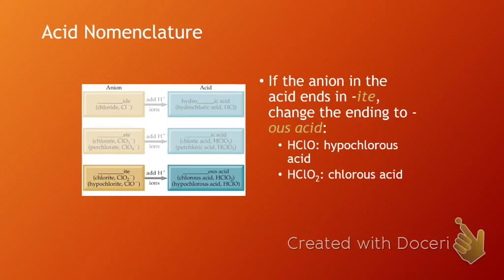We add a hydrogen to it. It becomes hypochlorous acid. Okay? I'm sorry, I got that backwards. If it was hypochlorite, it becomes hypochlorous acid. If it's chlorite, it becomes chlorous acid.